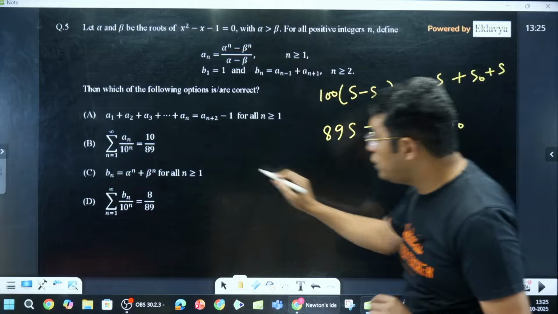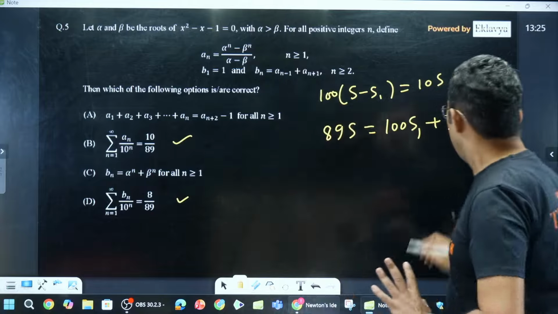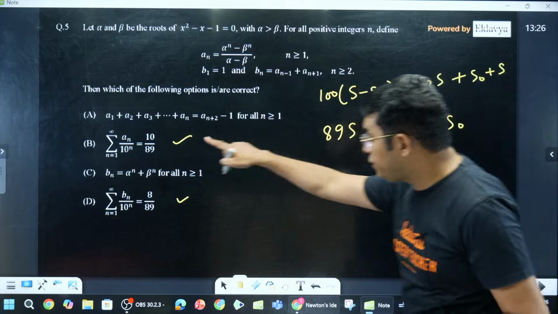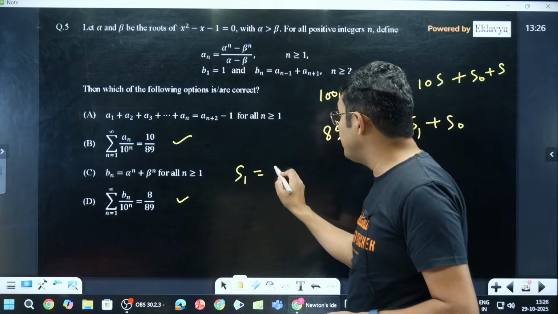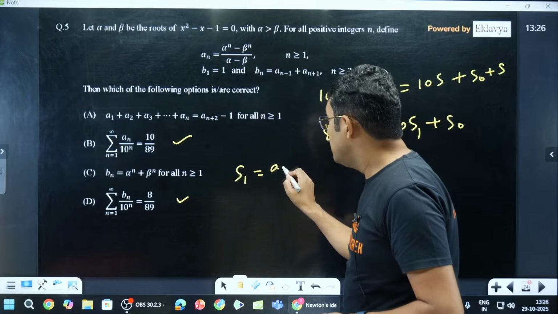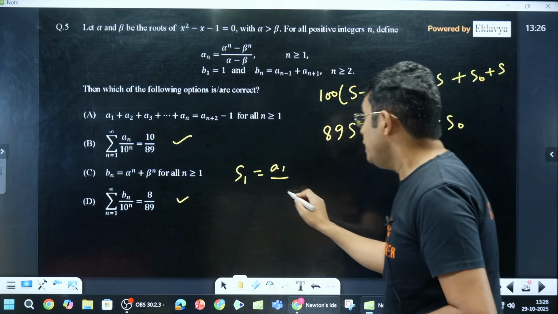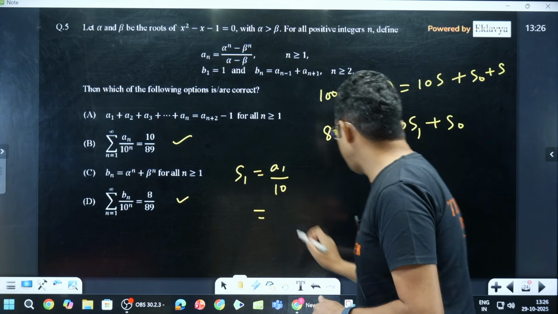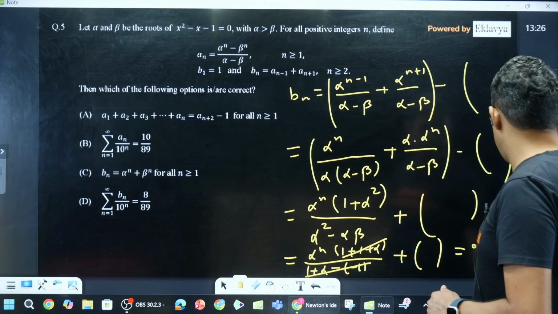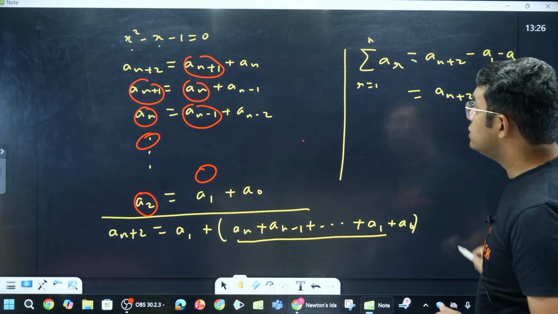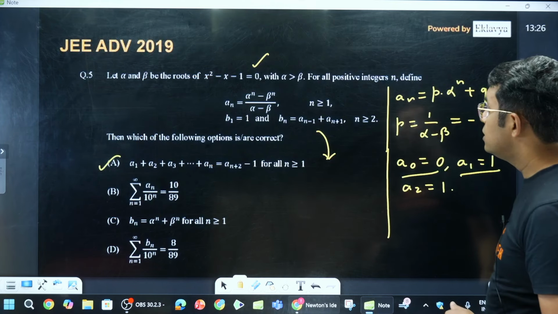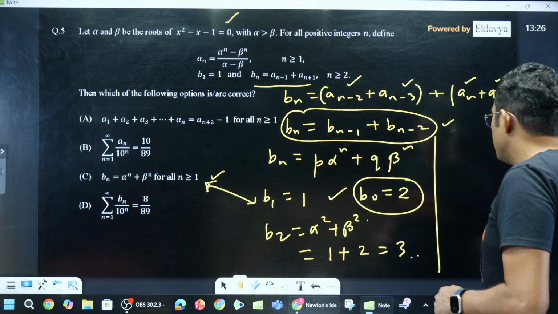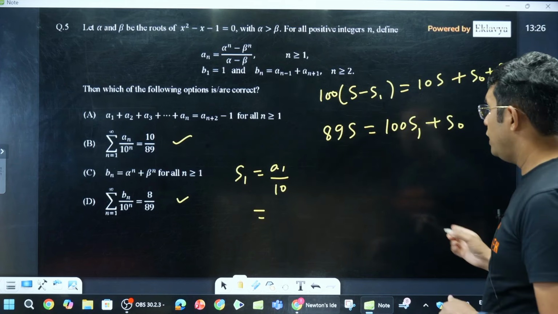Now you can do these questions together if you know what S1 is. In the case of the first series, S1 will be A1 upon 10, and A1, as I have already told you, we found, was 1.